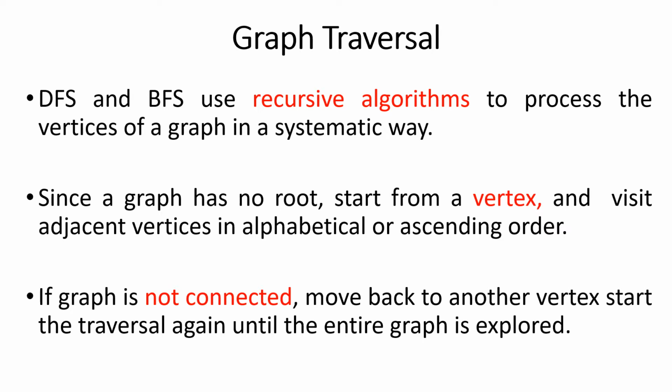Both DFS and BFS make use of recursive algorithms to visit and process each and every vertex of the graph in a systematic way. Since the graph has no root, compared to that of a tree, to start the traversal we have to arbitrarily select a vertex and visit all its adjacent vertices in alphabetical or ascending order.